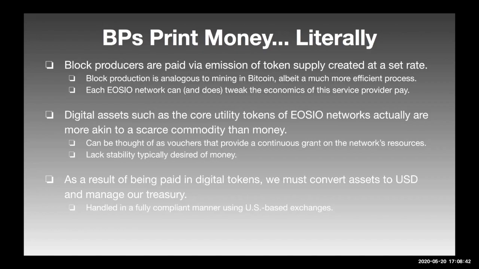And some of the networks are changing those dynamics too, and this is the fun of it. So FIO has a fee-based system. I think it's the only fee-based EOSIO network.